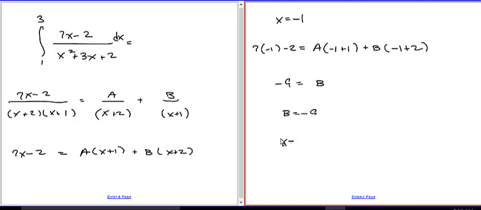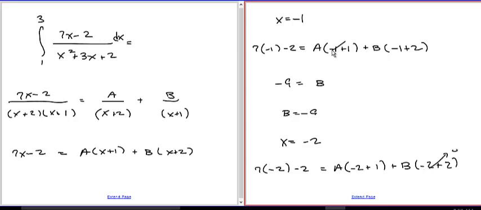And then the second choice is x equals -2. So I plug that in there. 7 times -2 minus 2 is equal to a times -2 plus 1 plus b times -2 plus 2. So this one goes to 0. Here, this one went to 0.